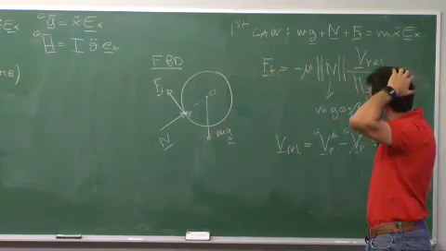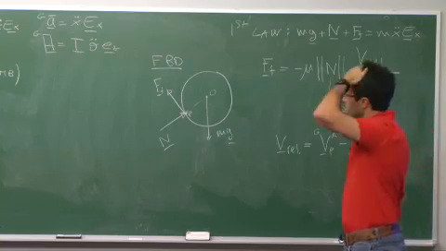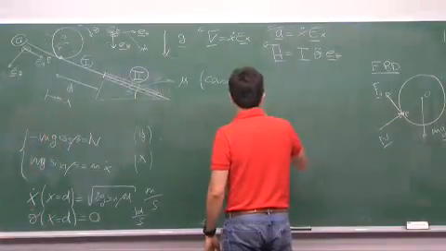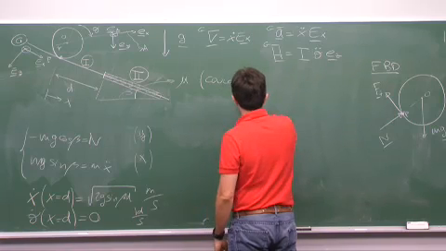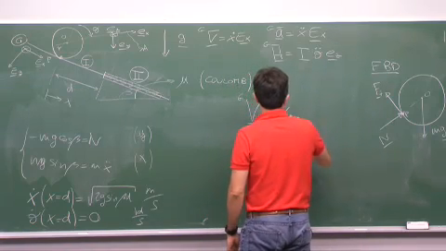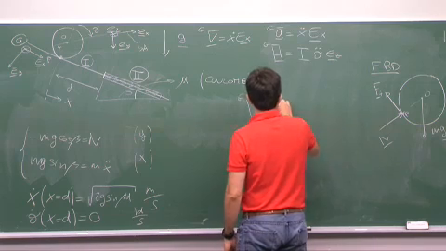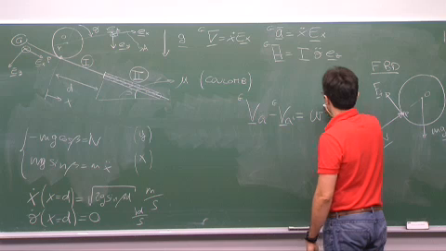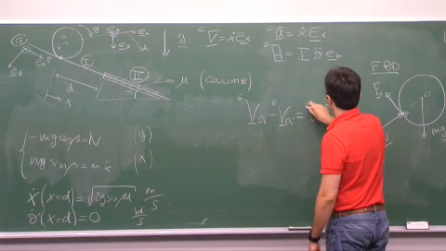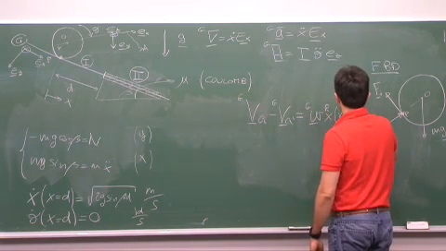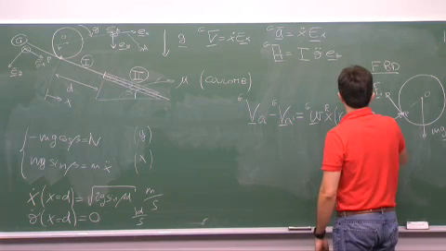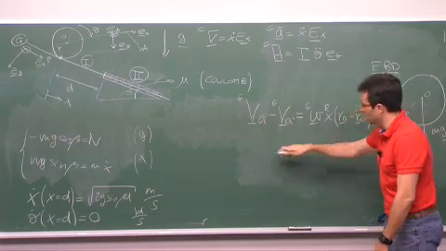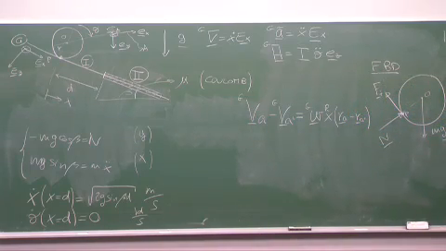If I pick any 2 points on a rigid body, Q and Q prime, the velocity of Q minus the velocity of Q prime, if they are part of the same rigid body, is equal to omega of the rigid body with respect to G cross RQ minus RQ prime. Remember this? And then there was something longer for the accelerations. I don't really need that here.